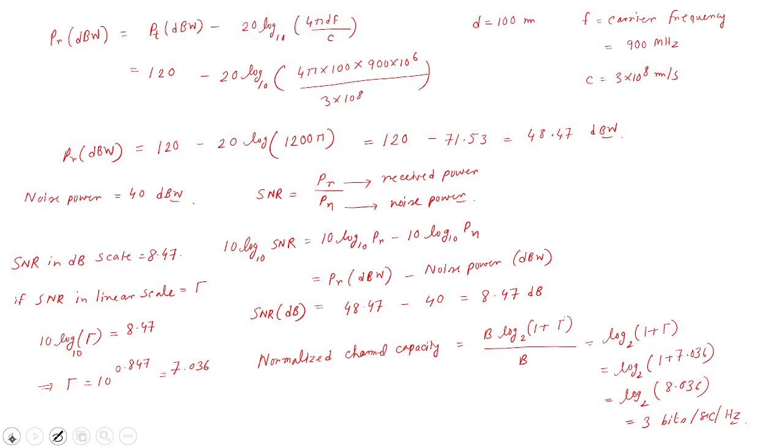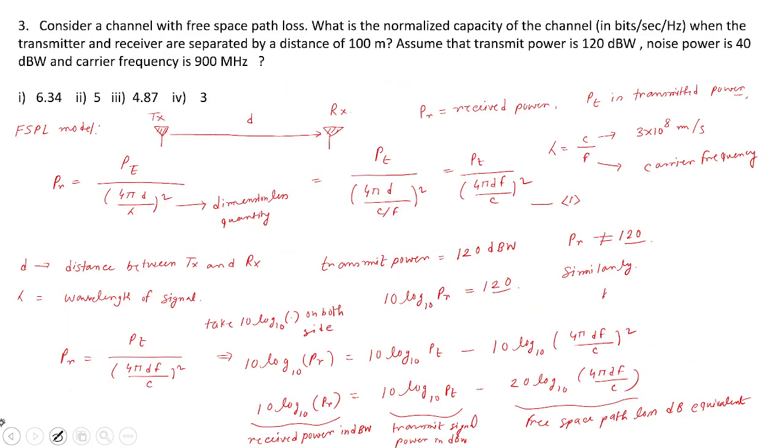Let us check the options, whether it is up to 4 or 5 decimals or 2 decimal, then this fourth option is the correct one.